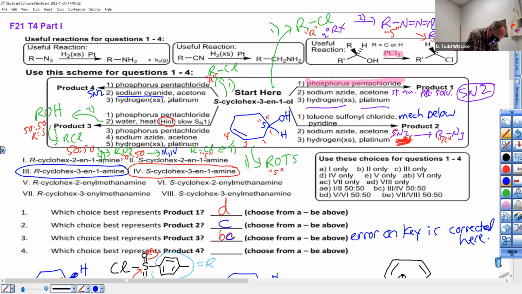Strong nucleophile, polar aprotic solvent, SN2, step 2, gives RCN. Backside attack on an R stereocenter is now what? S. And RCN becomes what with a useful reaction at the top of the screen? It becomes RCH2NH2.